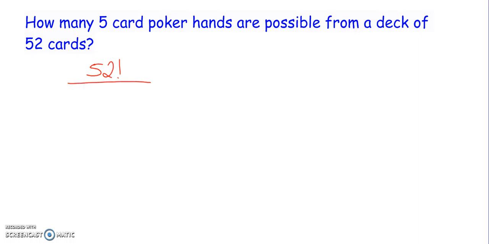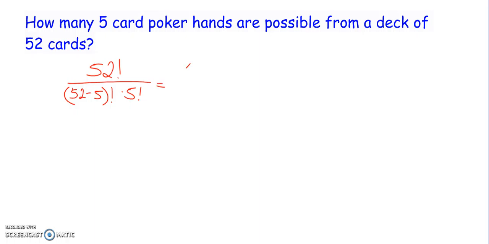Well, I'm only ordering 5 of them, so 52 minus 5 factorial. And because order doesn't matter, the order I get dealt the cards, if they're in a different order, it's still the same hand, I have another 5 factorial on here.